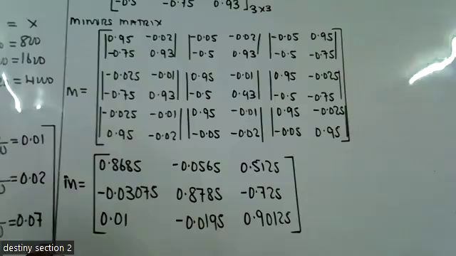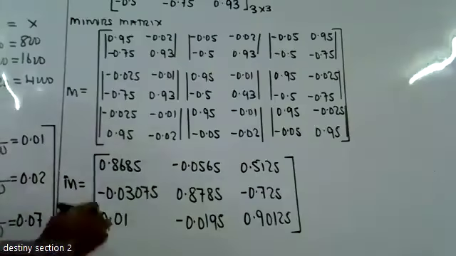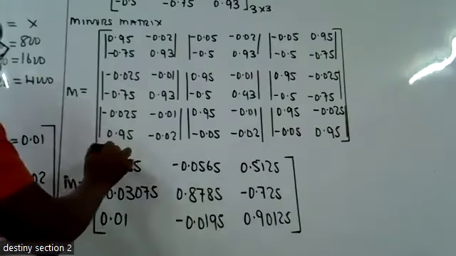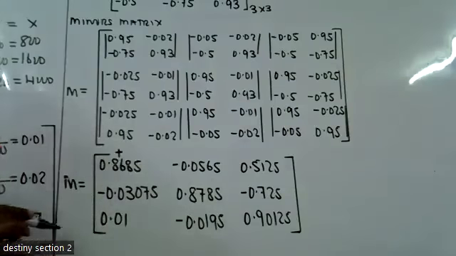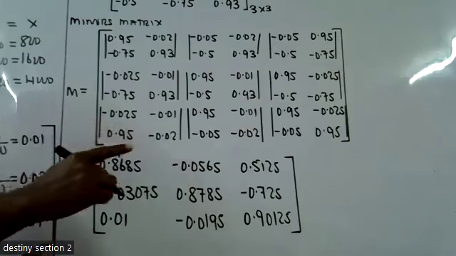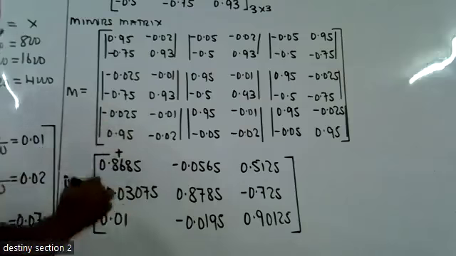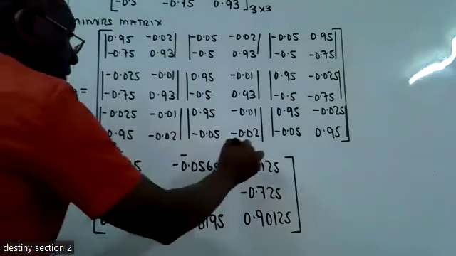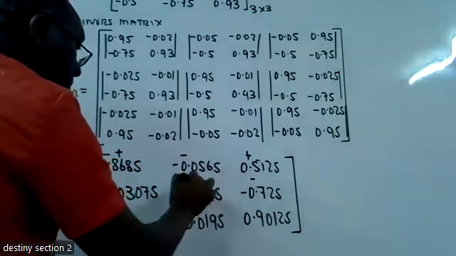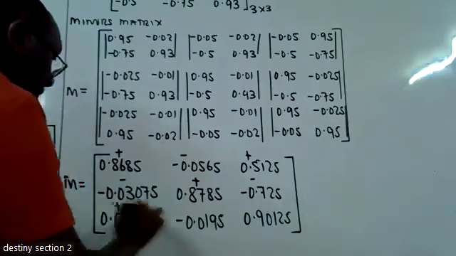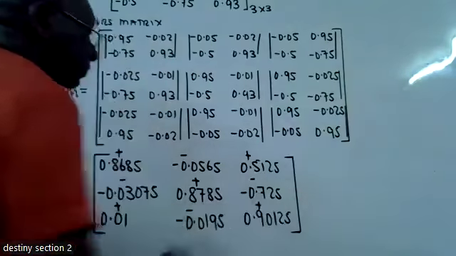Now from there what you do, unakuja hapa unaweka positive sign. I told you you put a positive sign there. Then you alternate. Unaenda ukibadilisha. Plus, minus, plus, minus, plus, minus, plus, minus, plus.